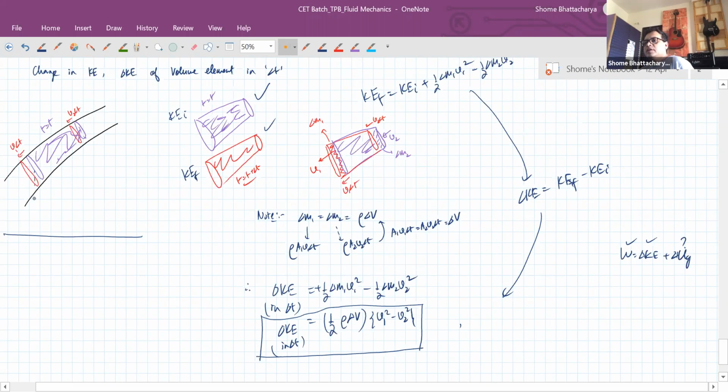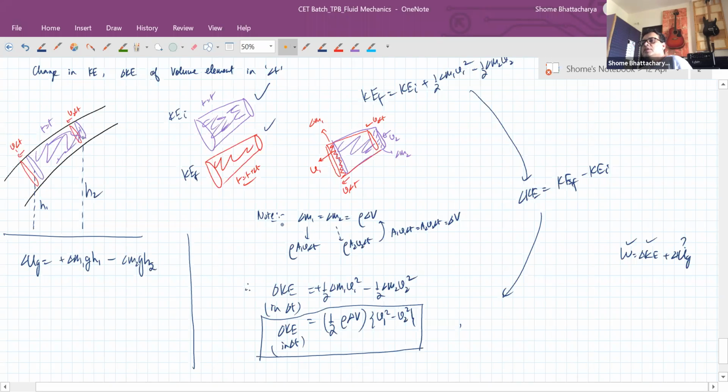So here from the common reference level, this section has height h1, this section has height h2. So the change in gravitational potential energy is equal to the gravitational potential energy of this part which is getting added, plus delta m1 g h1, but minus the gravitational potential energy of this second section which is getting subtracted.